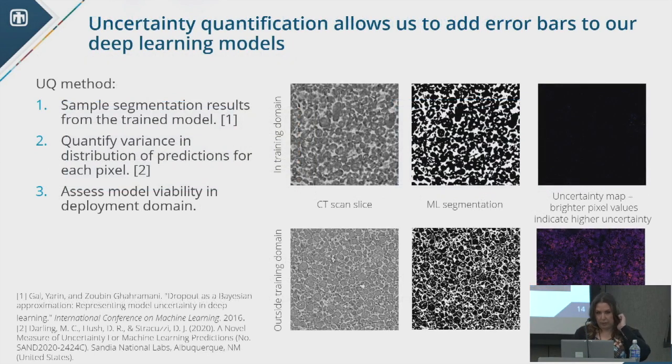So this is where the error bars will be presented for the rest of this talk. We implemented uncertainty quantification by way of dropout into an image segmentation model. For this task at Sandia, some of the things that we do with deep learning is automate some tedious processes. Some of that is image processing.